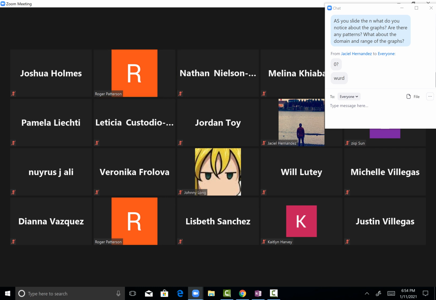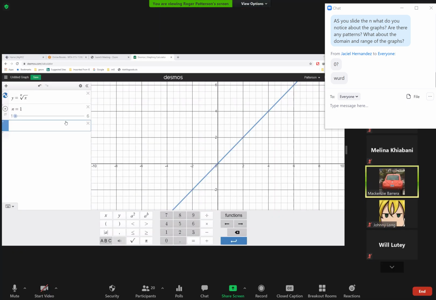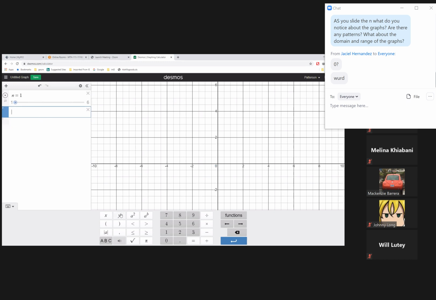Can you show how you put it into Desmos? Mine's not working properly. Sure. So we went y equals. Y equals, okay. And it's like I said, yours on your phone's probably going to be FUNC.